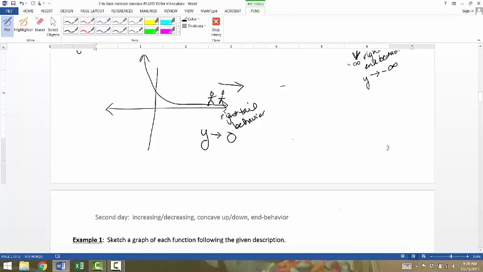The height of the graph is getting closer and closer to the x-axis. The left tail behavior, as we walk to the left, the height of the graph goes up, up, up. The y approaches positive infinity.